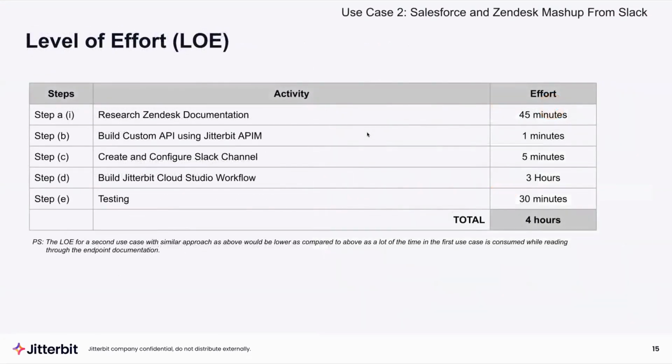In looking at the level of effort, it's very similar to use case number 1, with some research and learnings that we already had from the first use case. We say about 45 minutes there in understanding the relationship and how this different search works based on the statuses of tickets.